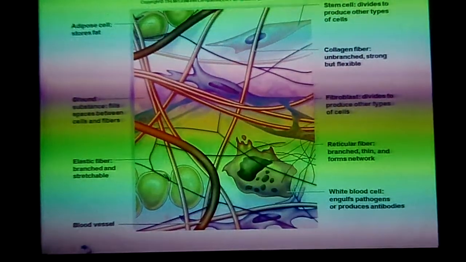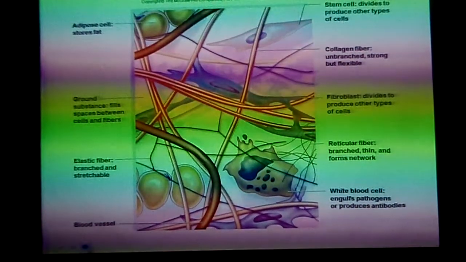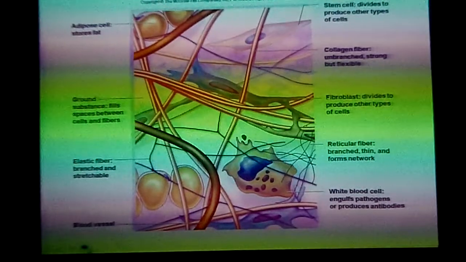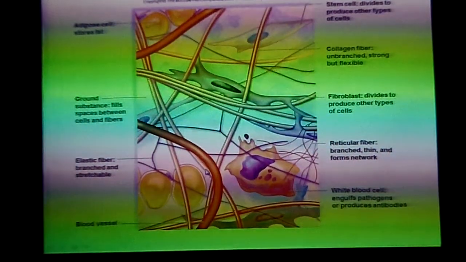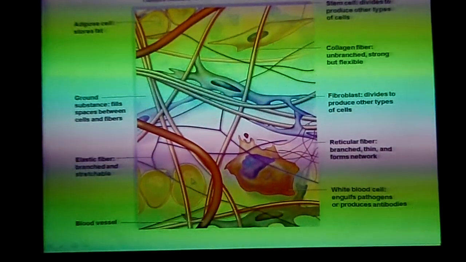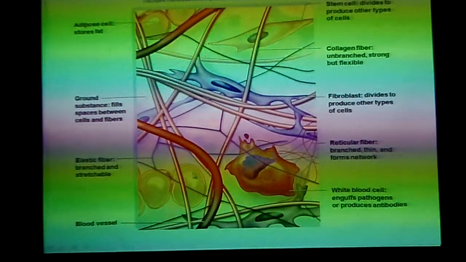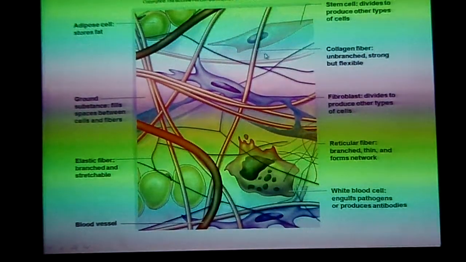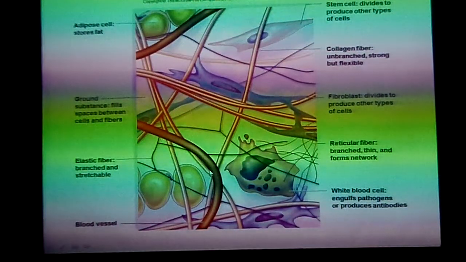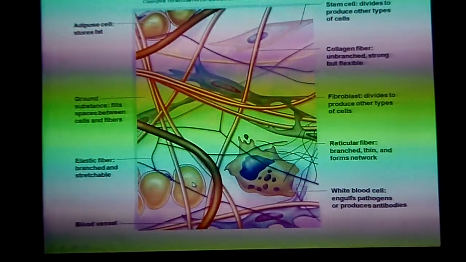Now the next type of tissue that we come into is called connective tissue. Connective tissue connects things in the body. If you're wondering what it looks like, if you peel away your skin and look at the stuff between your skin and your muscles, it's this stuff. It's called loose connective tissue.